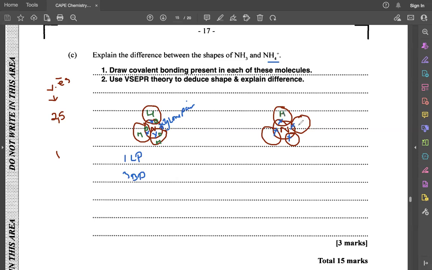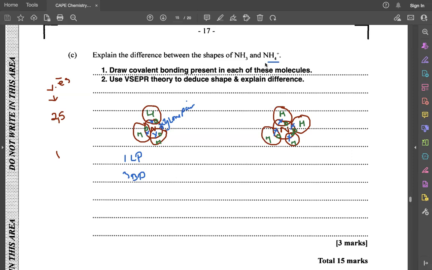These are all hydrogens. These open green circles are the electrons from the hydrogen, right? So in this case we have 1, 2, 3, 4, 5, 6, 7, 8. So there are 8 electrons all around the nitrogen.